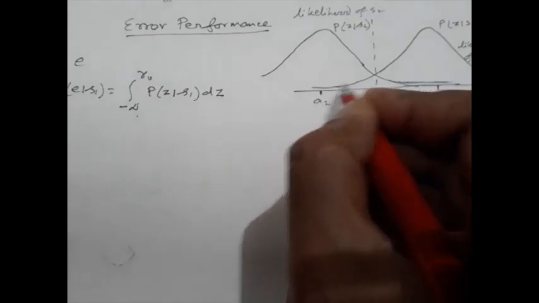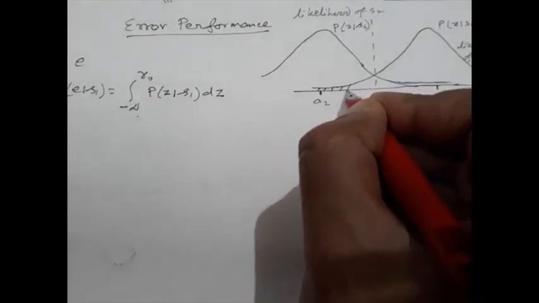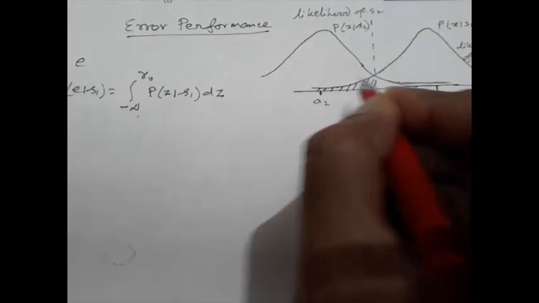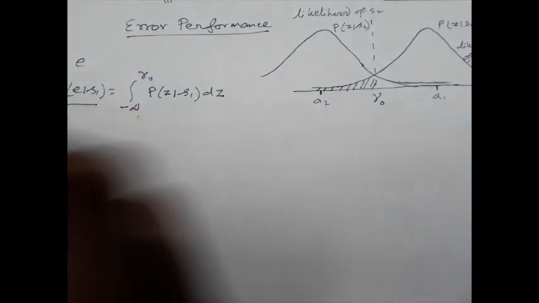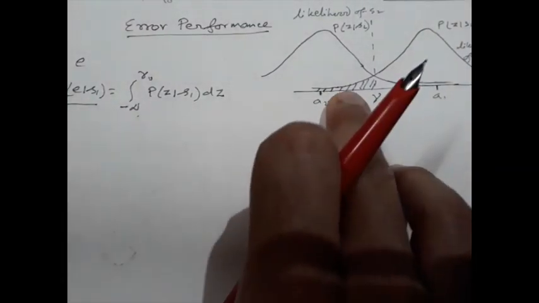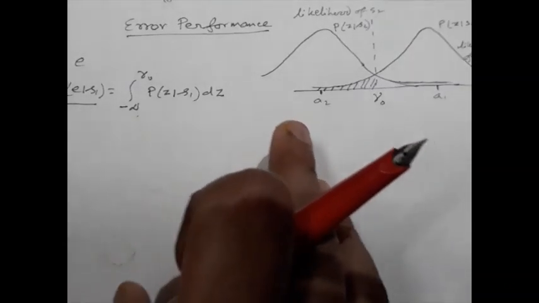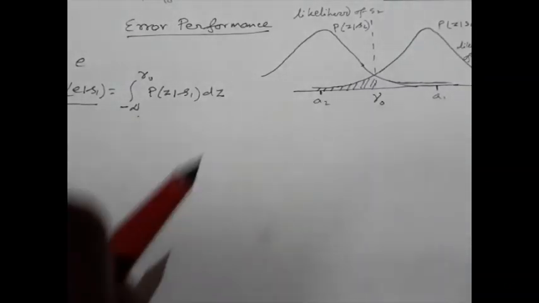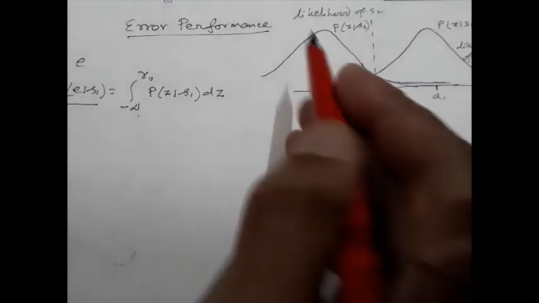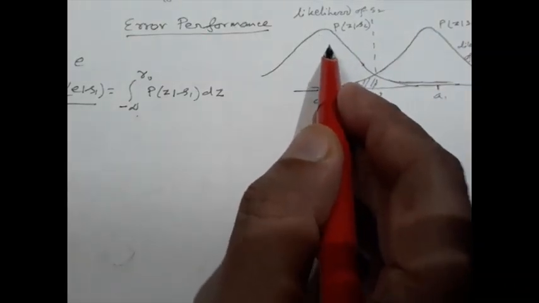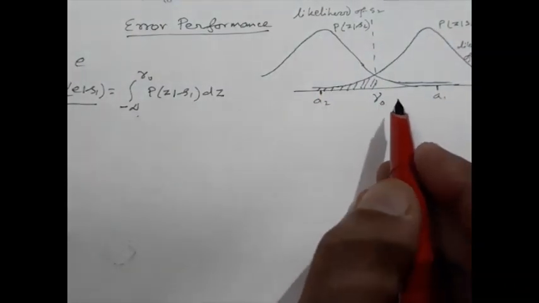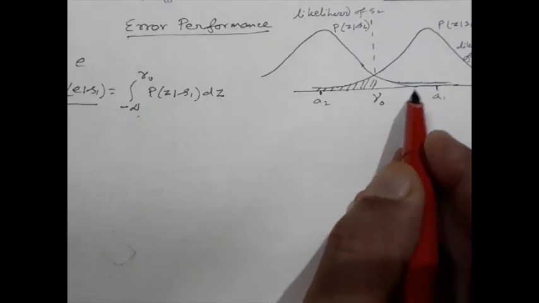So this section is that probability, the shaded region. Similarly, an error occurs when S2 is sent and the channel noise results in Z(T) being greater than gamma 0.